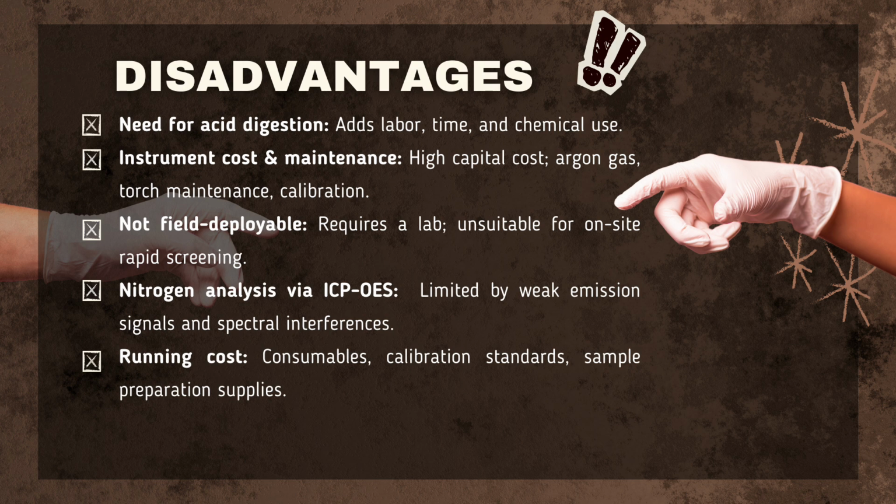This makes nitrogen less reliable compared to traditional Kjeldahl-type methods, unless the instrument uses specialized torches designed for nitrogen detection or is a modern instrument. And finally, running costs can still add up, such as calibration standards, digestion chemicals, and sample prep supplies.